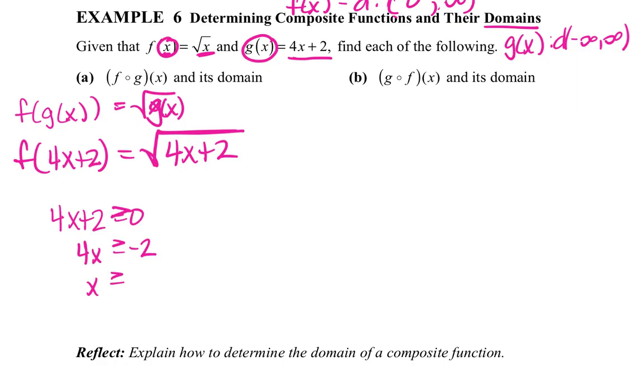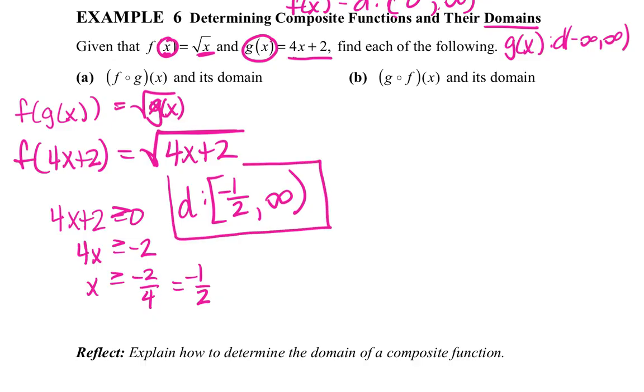X is greater than or equal to negative 2 over 4, which is negative 1/2. So that means the domain of this function is negative 1/2 to infinity. It can actually be negative 1/2 because I can have it be 0, but I can't have it be less than 0. So we can use the negative 1/2.